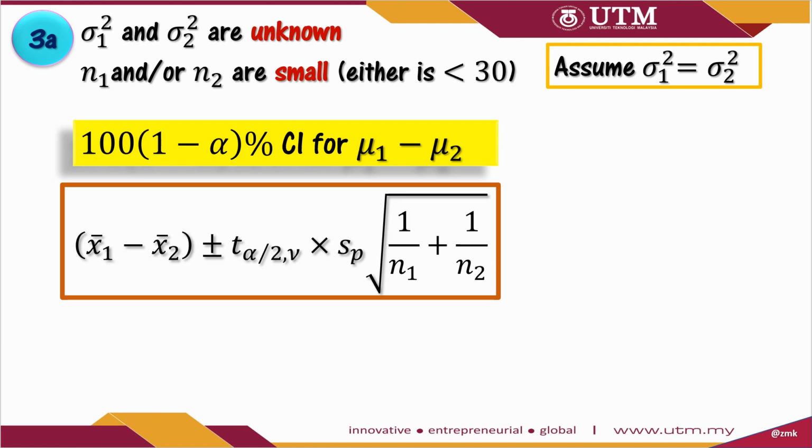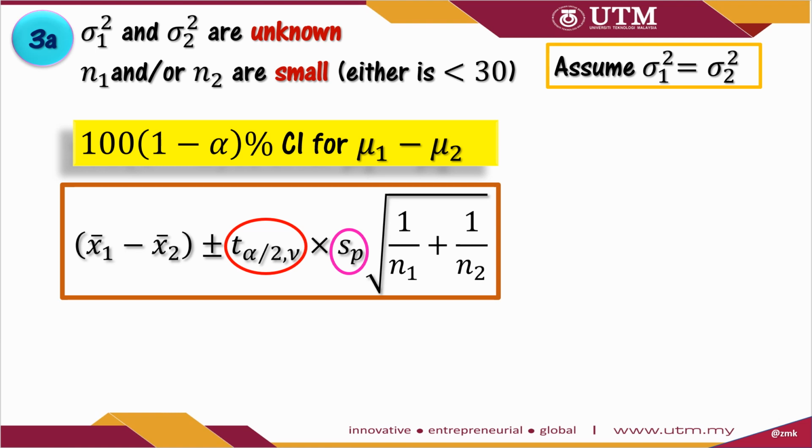Similar to the previous three cases, we start with the point estimate of mu1 minus mu2, that is the value of x bar 1 minus x bar 2, plus minus the margin of error, defined now as the product of the t-score, that is t alpha over 2 nu, the pooled standard deviation Sp, and the square root of 1 over n1 plus 1 over n2.